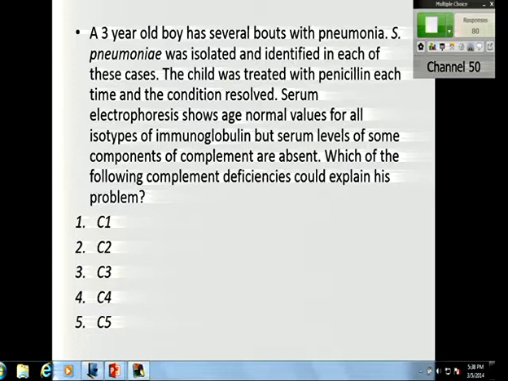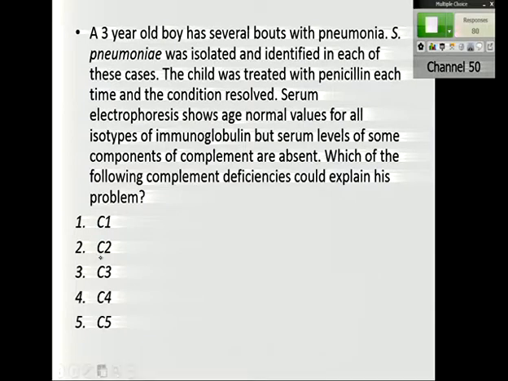The MAC is not formed. Maybe some anaphylatoxins may be generated, but even the most important component, C3b, which is required for opsonization, is not going to be generated. So if it is a deficiency of C3, then the components after this also will not be activated.